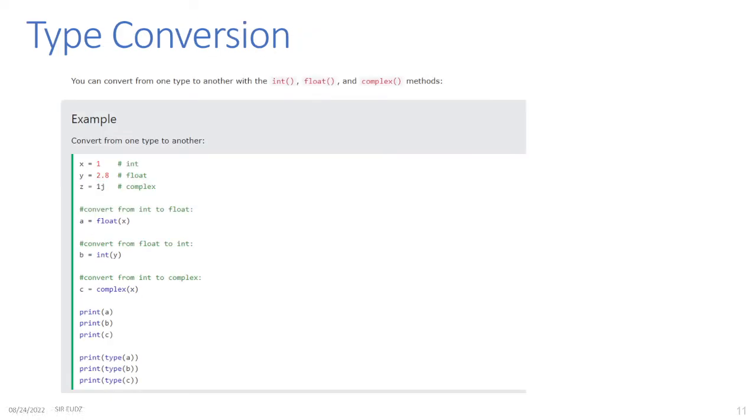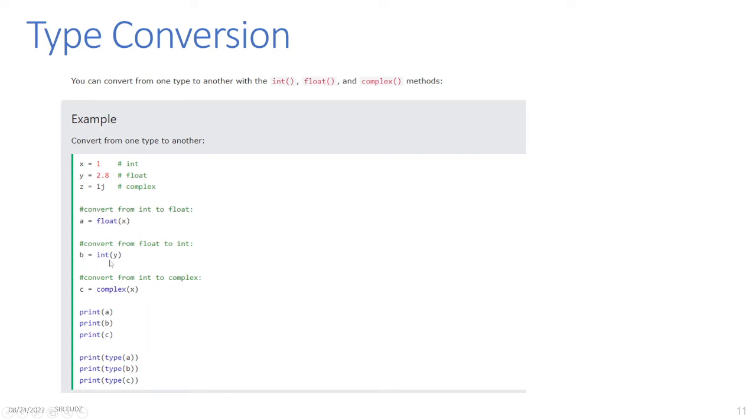Type conversion. You can convert from one type to another with the int, float, and complex methods. Here, a is not yet declared, so a equals float x, which means a becomes a float number with a value of 1. So x is an integer, but a is a float because we have converted it into a float.